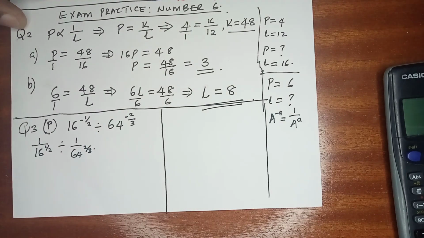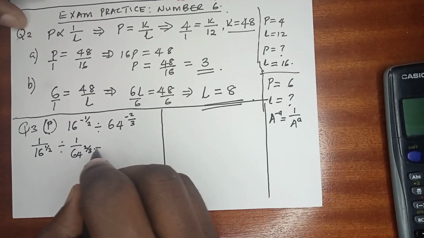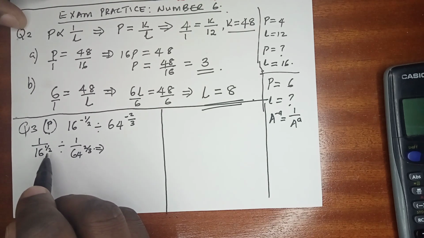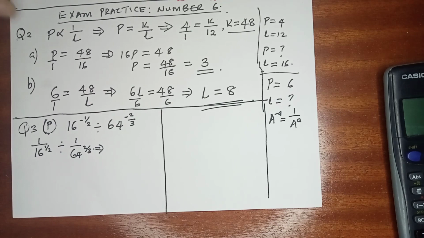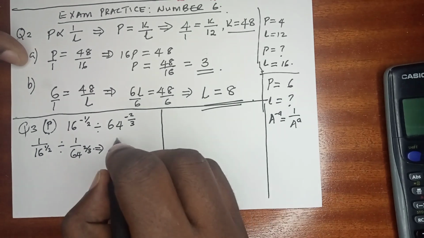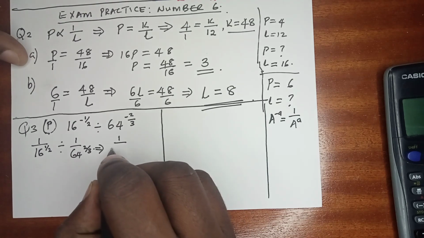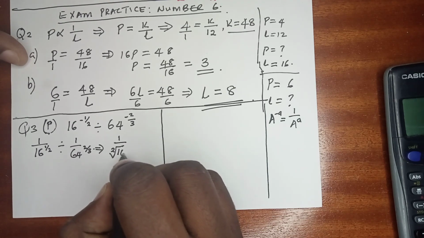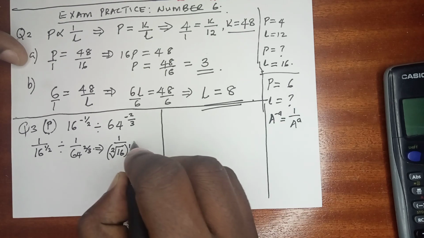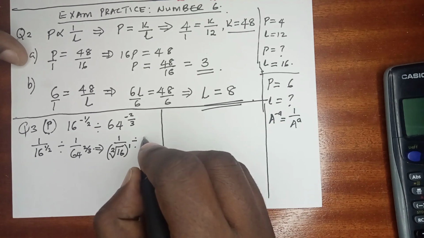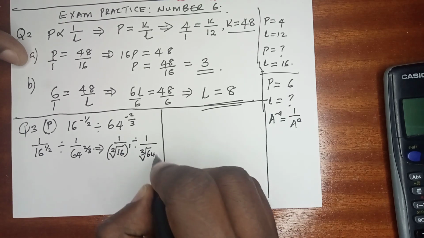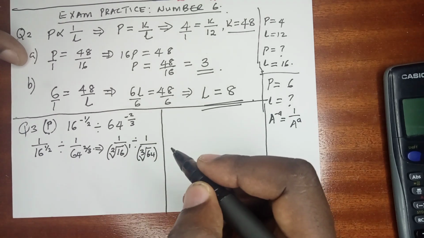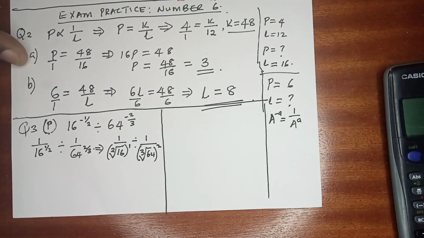And because the indices are fractions, we have to take the denominator as the root and of course the numerator as the power. This is going to be 1 over the square root of 16 raised to power 1 divided by 1 over the cube root of 64 raised to power 2.